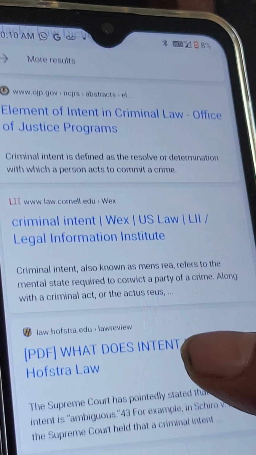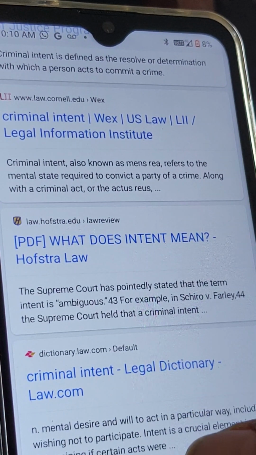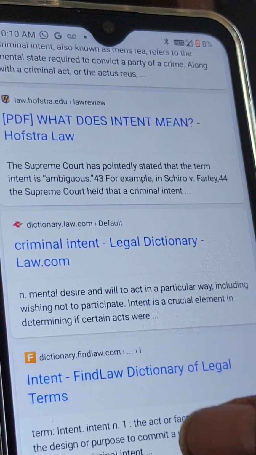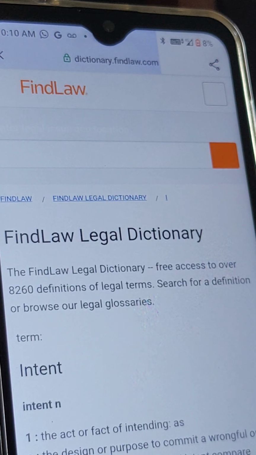See, that's criminal intent. I'm looking for intent, just plain old intent. Criminal intent: the act or fact of intending, as the design or purpose of committing a wrongful or criminal act.